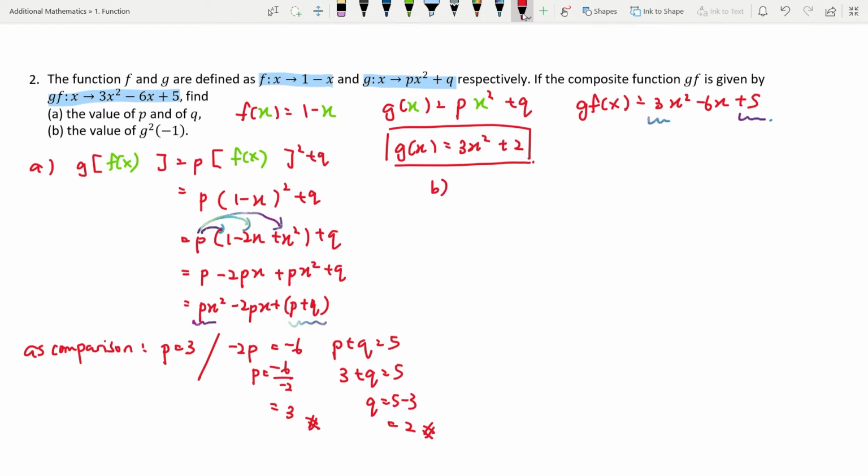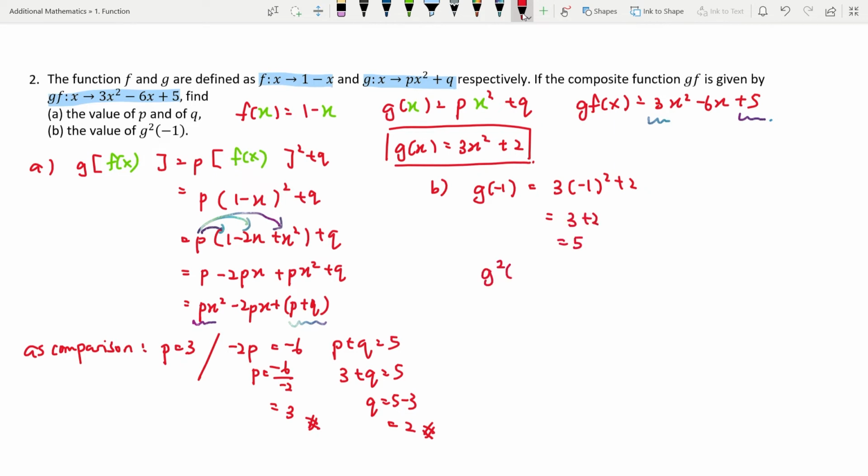B, we are asked to find the value of g squared (negative 1). We can either find a general function for g squared, or we can find the answer for g(negative 1) and substitute it into g. For this question, we're going to try the second method, g(negative 1). We have 3 times negative 1 squared plus 2, which is 3 plus 2, 5.